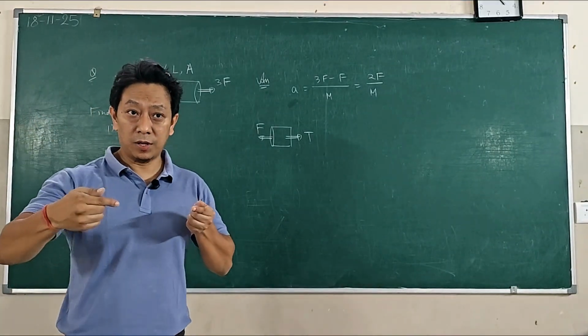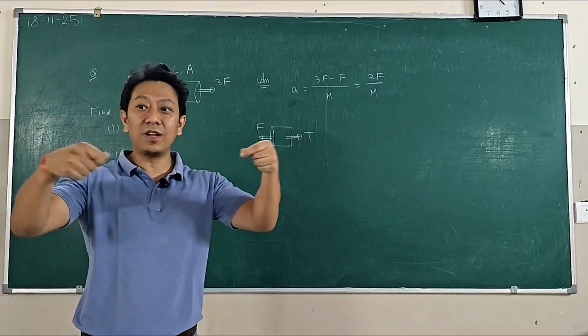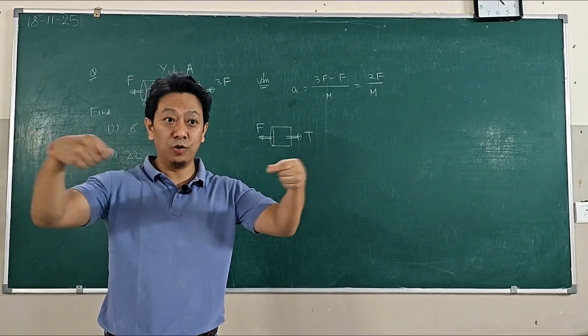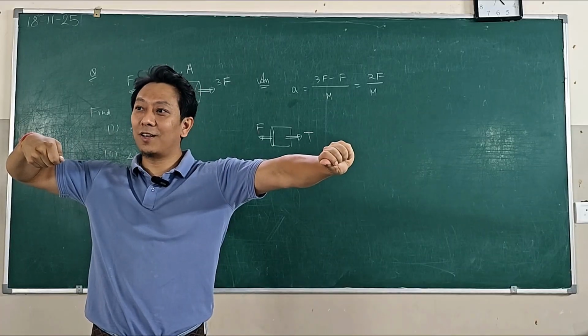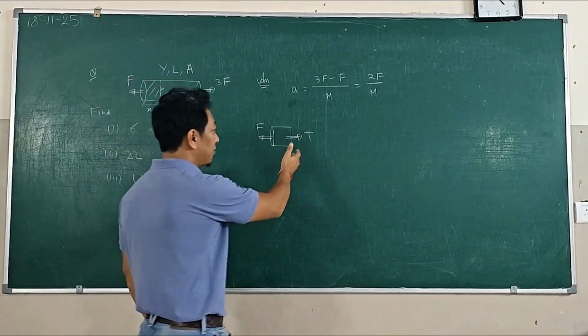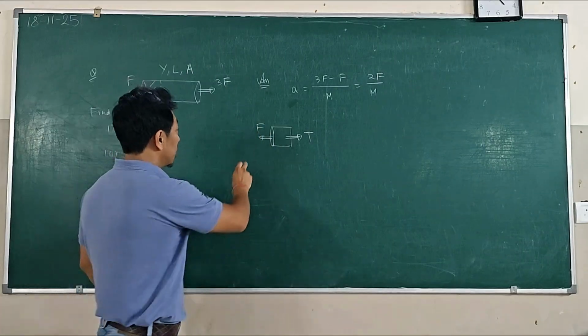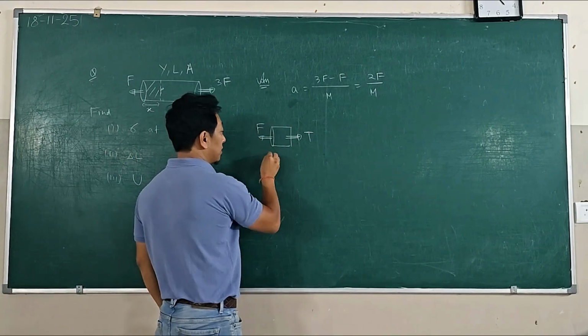In a rod, tension force can be pushing also. In string and all, what happens when you push? It becomes loose. A rod can sustain tensile stress also, compressive stress also. So don't be surprised if T comes negative. So F here, T here. Correct, students, still here?